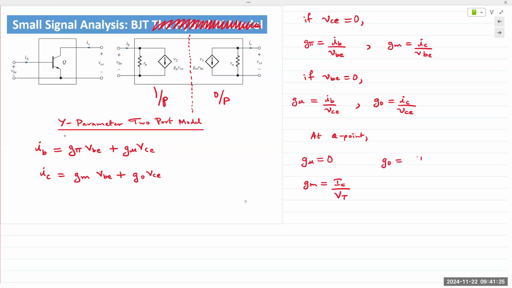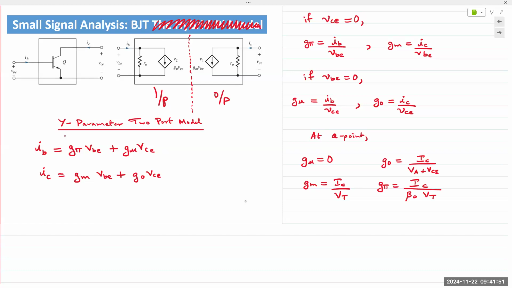GO is IC over VA plus VCE. And then G pi requires the definition of a new term: IC over beta O times VT.